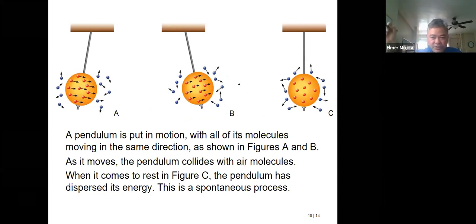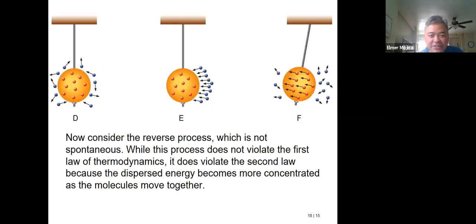Will the pendulum go on like this forever? Even with a grandfather clock or whatever they call that thing, there will come a time that it will stop. So if you're going to look at this, let's go in reverse. Is this spontaneous?